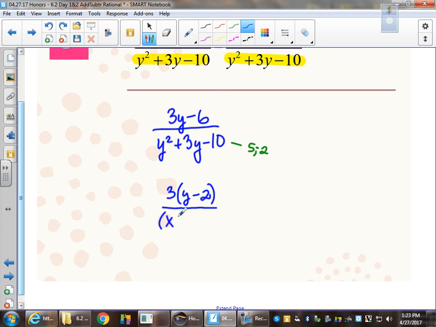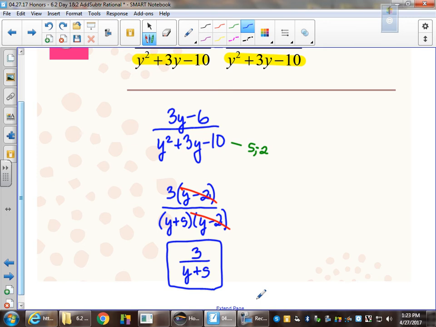So that will be y plus 5, y minus 2, and ta-da, look what cancels. Y minus 2 cancels with y minus 2, leaving a final answer of 3 divided by y plus 5. So this is a great example of we are accountable for going as far as we possibly can go.